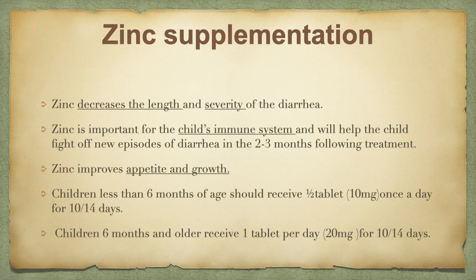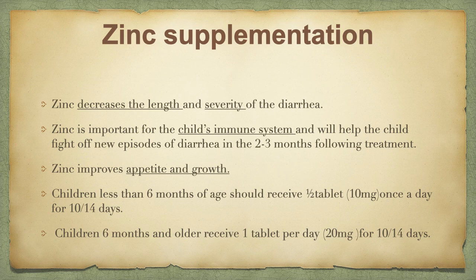The role of zinc in treatment of acute gastroenteritis is that it will decrease the duration and severity of the diarrheal attack. It is important for the child's immune system and will help the child fight off a new episode of diarrhea in the following 2 to 3 months after recovery.